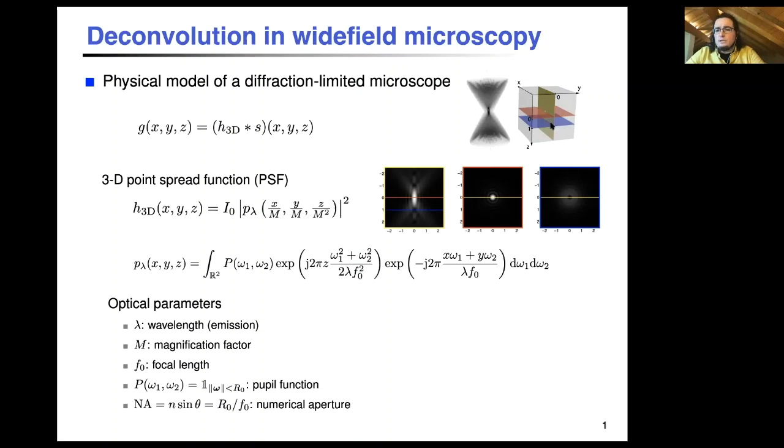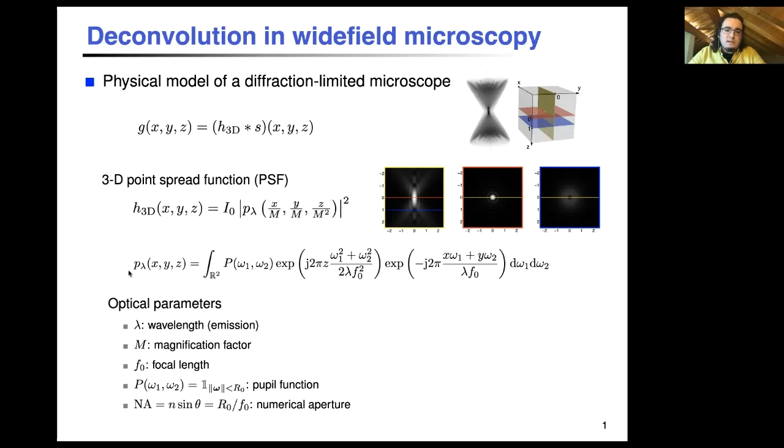In contrast, if you want to see it vertically, which we have here in the 3D illustration, you have the yellow cut. This 3D point spread function is derived from the physics of the system, which are characterized by this pupil function, which in an ideal case like this is simply a function that tells you which circle and with which radius your microscope allows light to pass.